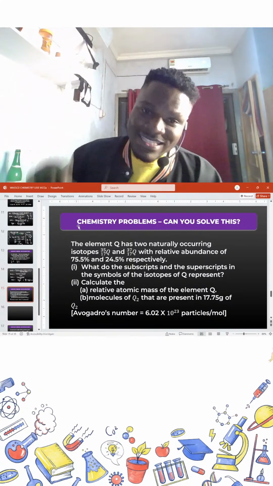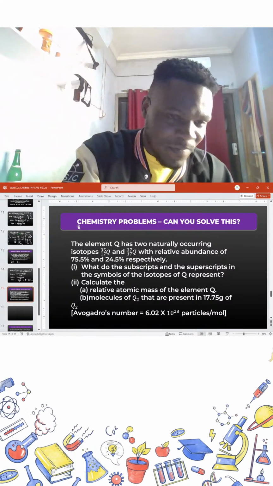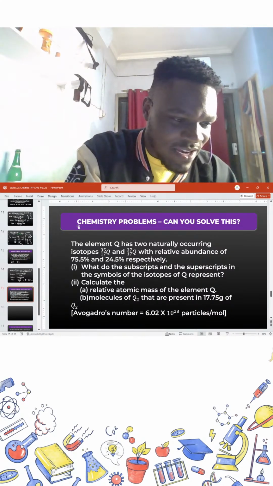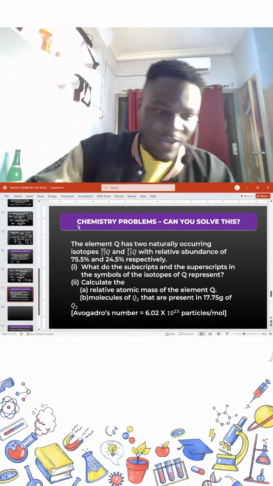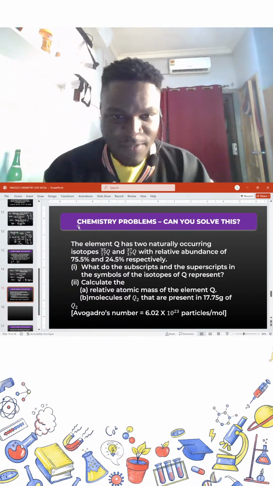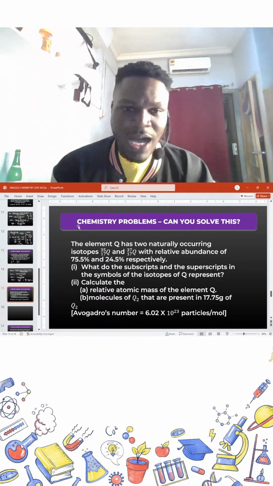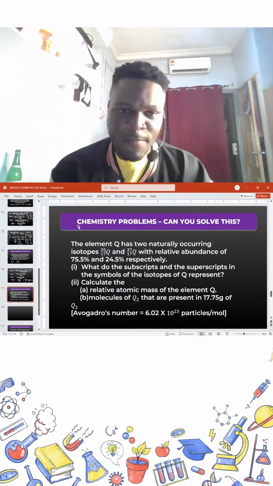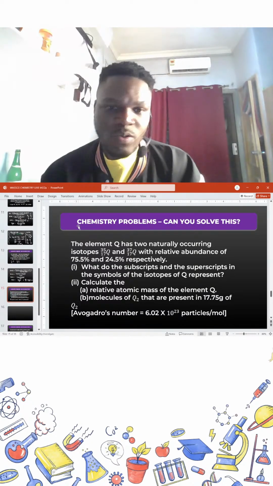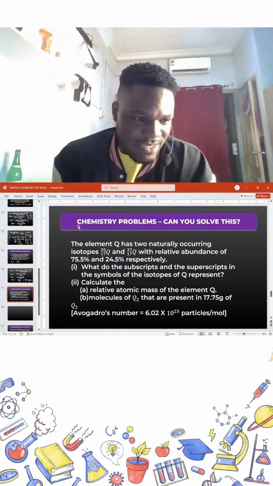Okay, now this is very easy. The I part of the question is very easy. Now the II part, we have to calculate the relative atomic mass of Q. Very easy, okay?